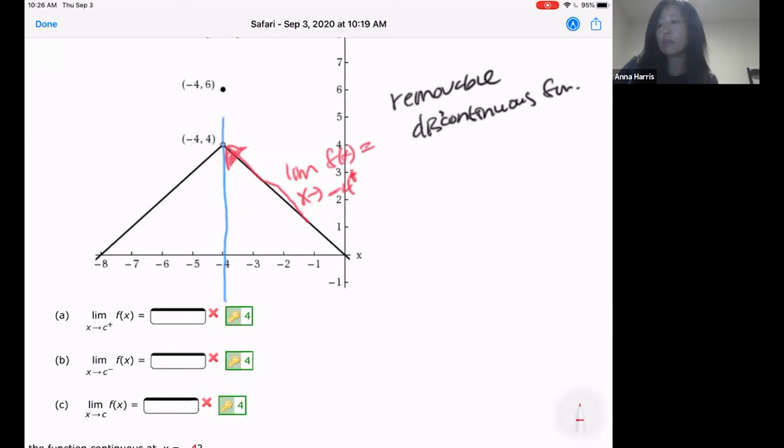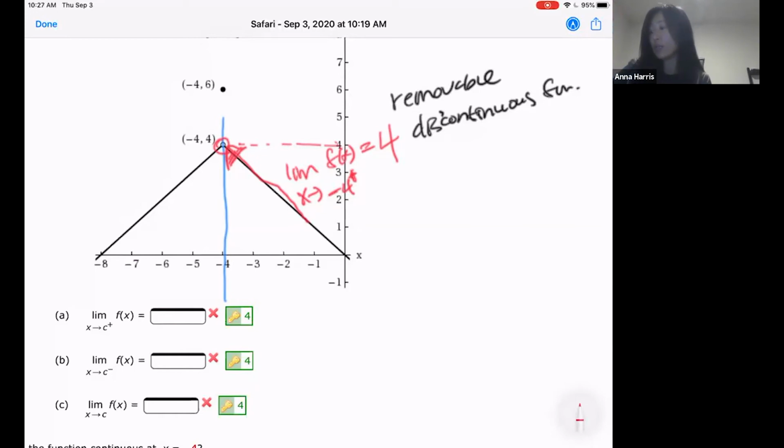What is that equal to? That is equal to 4. The y value goes to 4. Okay, the y value is not 4, the limit approaches 4. Are you with me, class? The y value does not exist because this is an open circle, but the limit approaches 4.